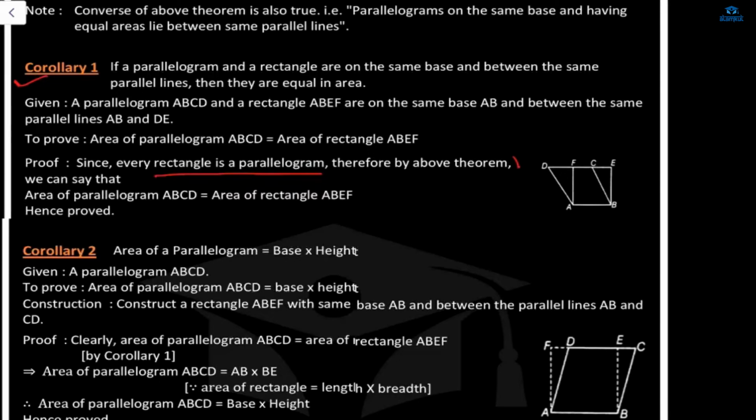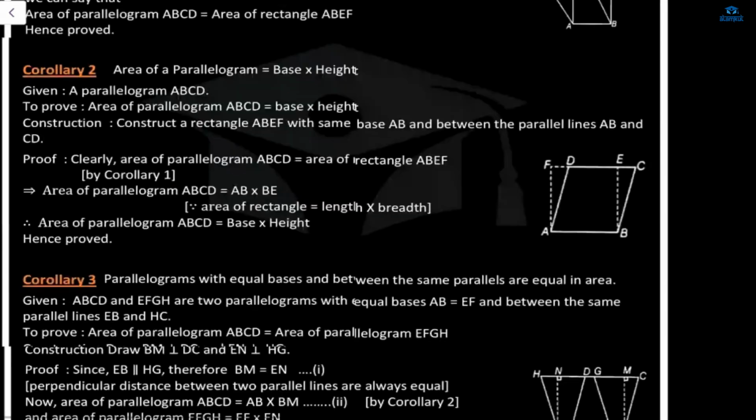So if this type of question comes, you can easily use theorem 1 and mention that a rectangle is also a parallelogram, and you can prove that the areas are equal. Now, area of a parallelogram is equal to base into height. You have been using this from before, because we have been taught that the formula is base into height. But how did we know that it is base into height?